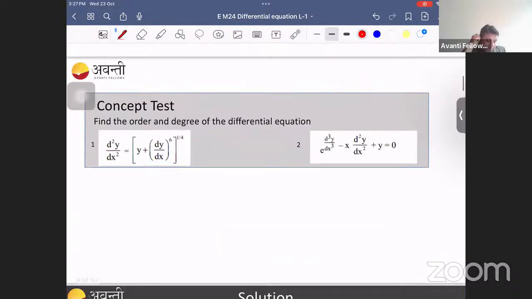Now, just a small concept test. Find the order and degree of the differential equation. All right, you guys try it. Give your answer in the chat box.